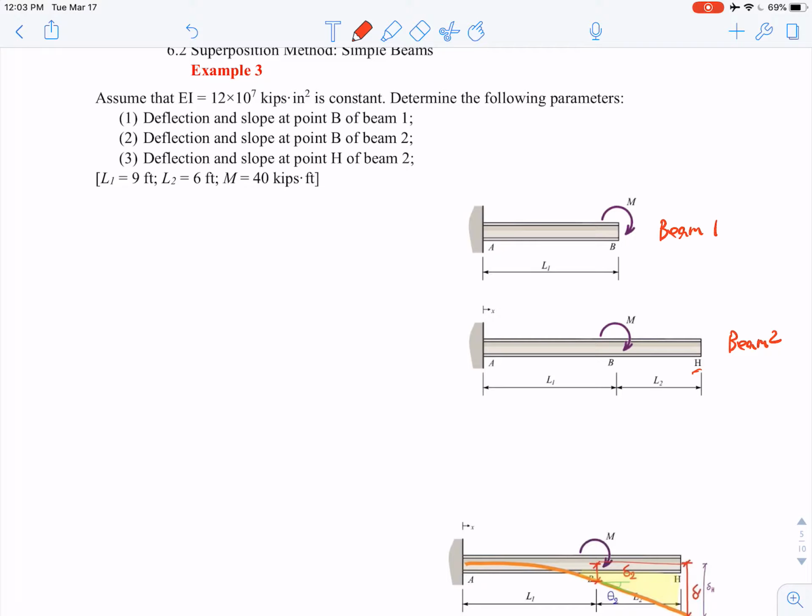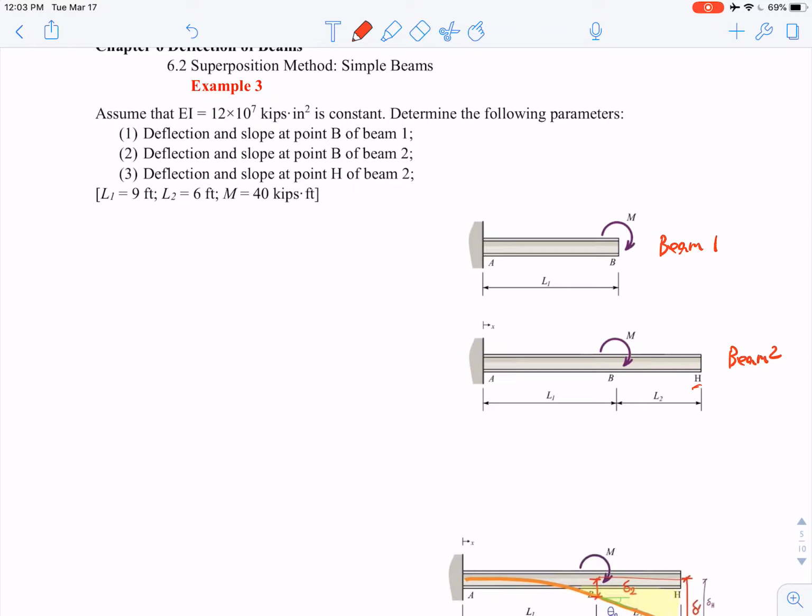Okay, so first of all, as we did in example 2, we need to convert the unit system to make sure they are consistent. So in this example, we can just use kips and inch. While we use kips and inch, these known conditions can be converted.